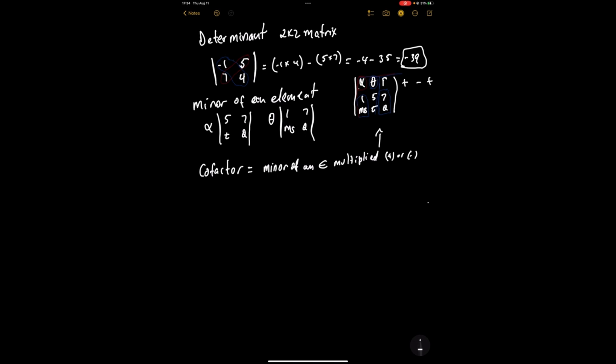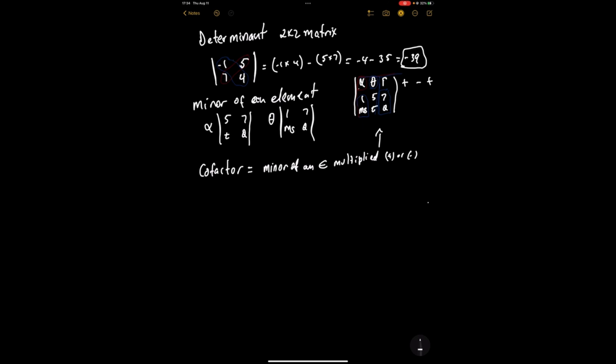So when you are doing the cofactor, the first number you're going to use will be a positive times the determinant, and then the second one will be negative times the number times the determinant, and the last one will be positive times the number times the determinant.